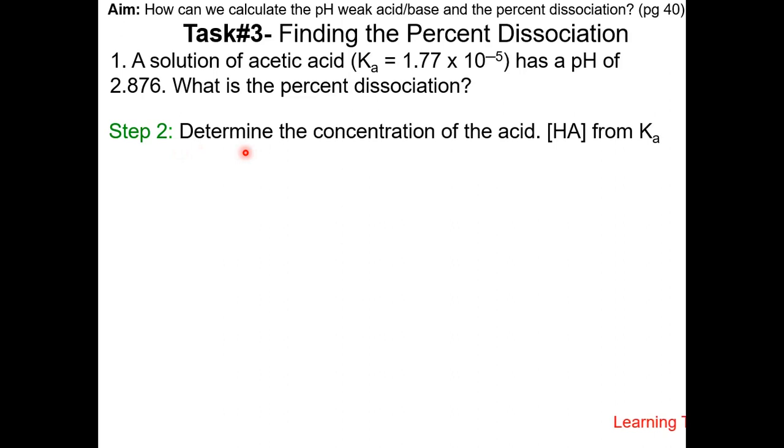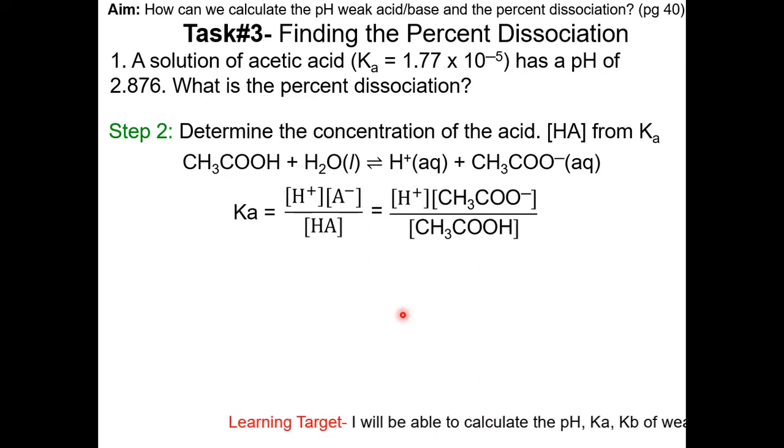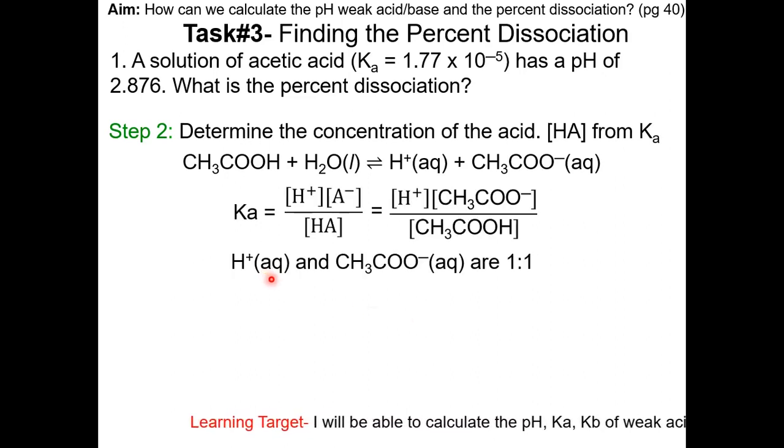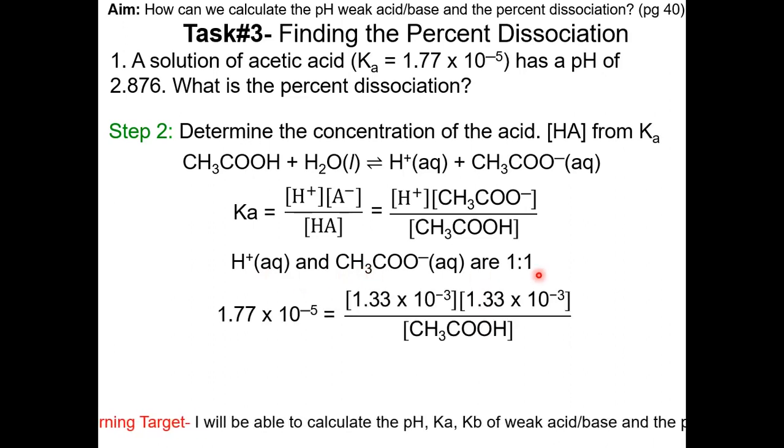Step 2. Determine the concentration of the acid. We can get the concentration of the acid from the Ka expression. Let's first write out the chemical equation. Next, let's write the Ka equilibrium expression. We know H plus and the conjugate base of acetic acid are 1 to 1, therefore they have the same value.